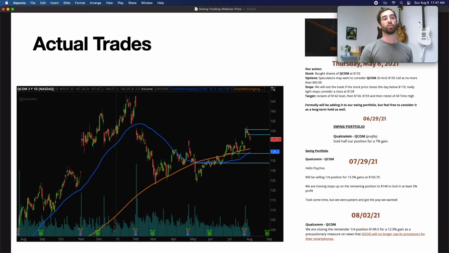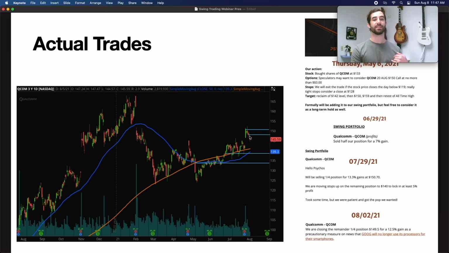The thing started to retrace, and actually an article came out right around here that Google was no longer going to be using Qualcomm processors for their smartphones. So we sent out an alert to close the position at a 12% gain by this time. Notice that this sell was lower than the previous one, but that's okay.